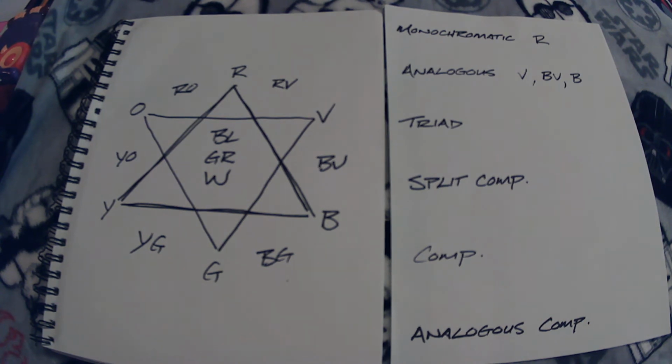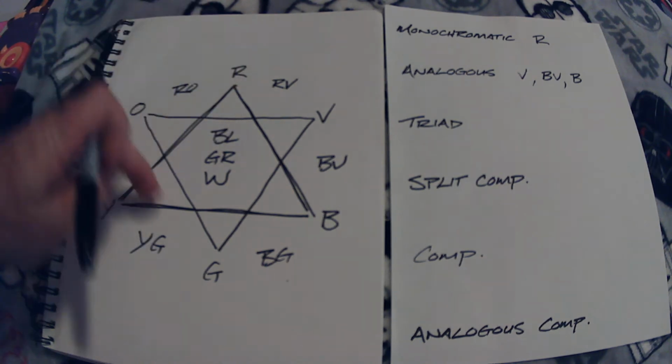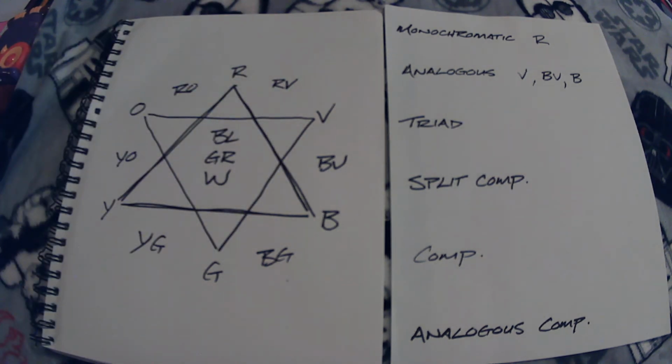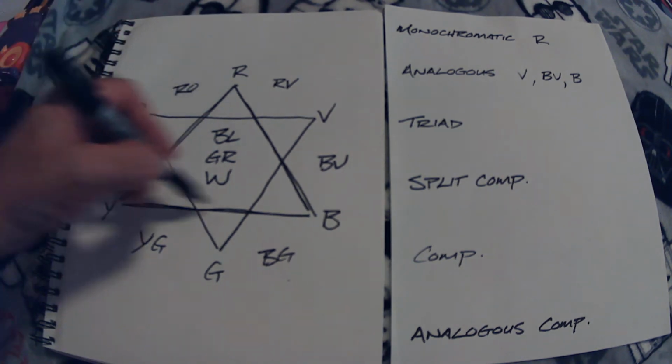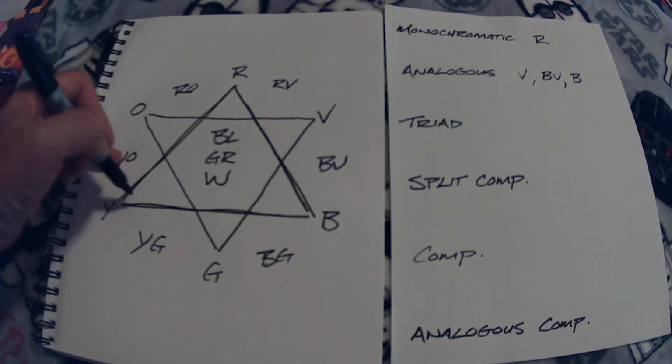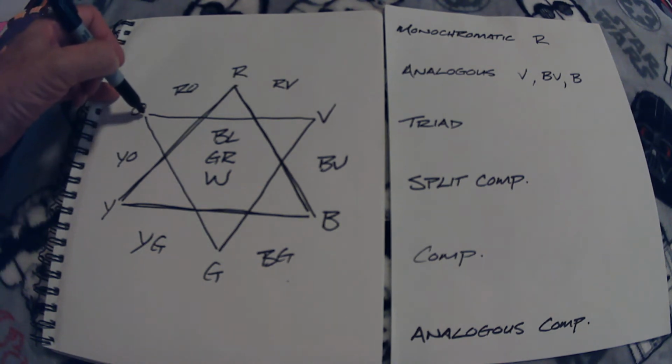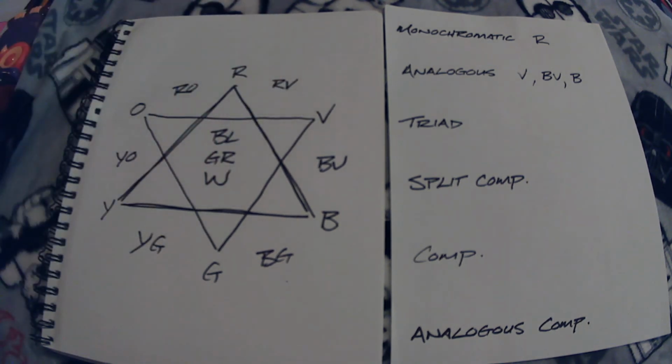Triad. The reason I draw the color wheel like this, the way I do, is because 2 of your triads are already marked. The word triad sounds like the word triangle. So one of your triads is red, yellow, and blue. Makes that triangle. Another one of your triads is orange, violet, and green.